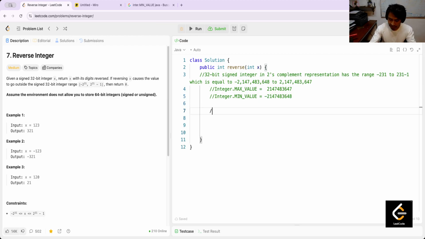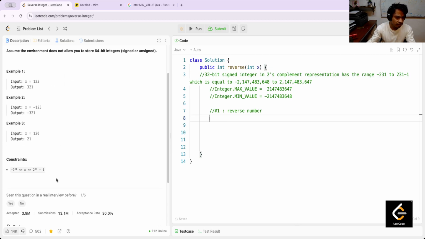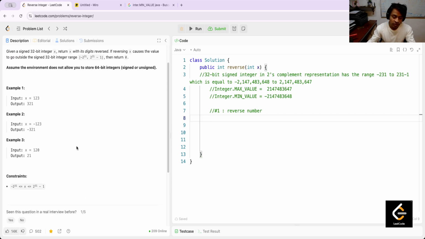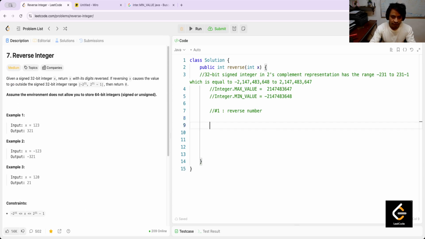Again, the first step is to reverse the number. To add a little more complexity to this problem, we can avoid using strings, so we don't use the number as a string.